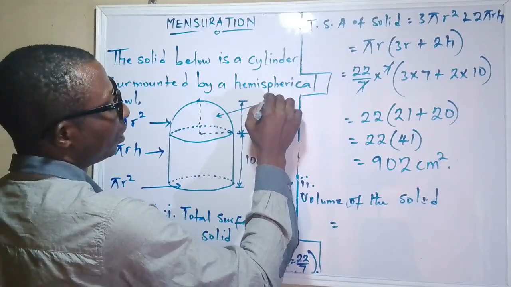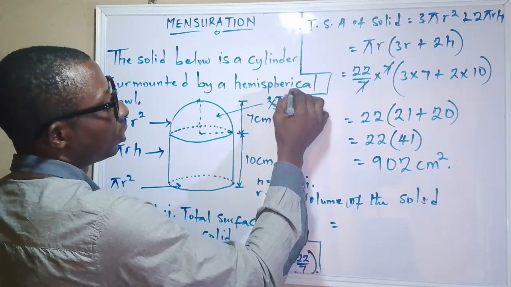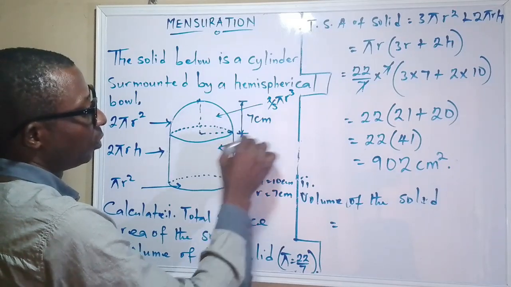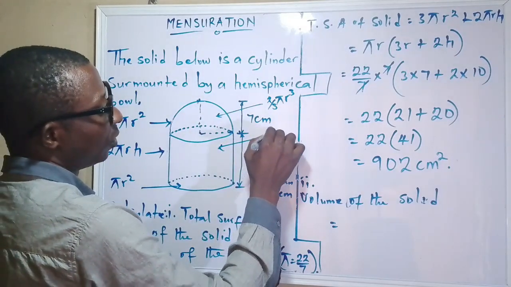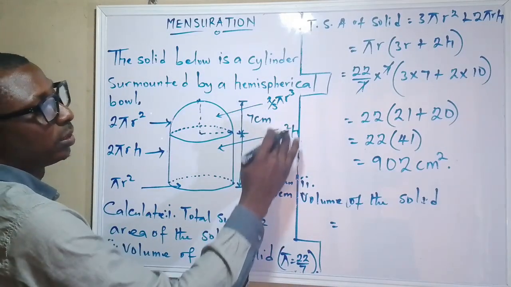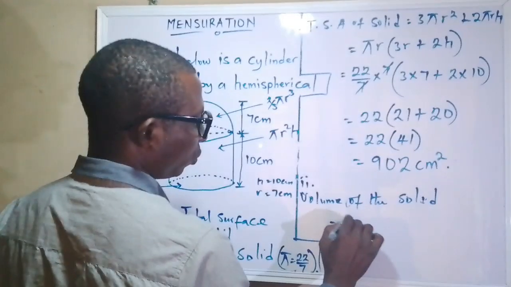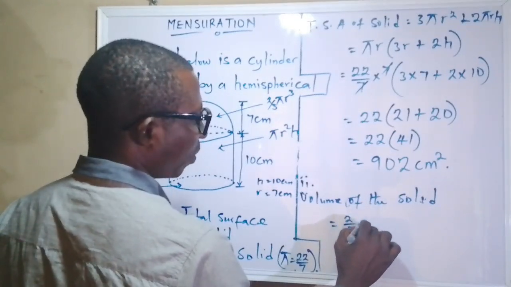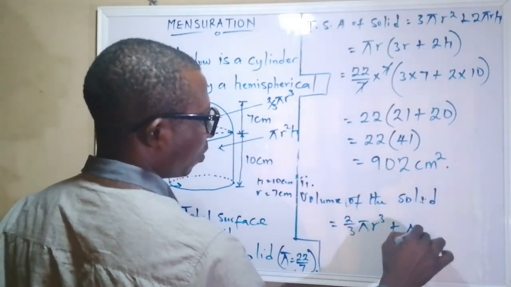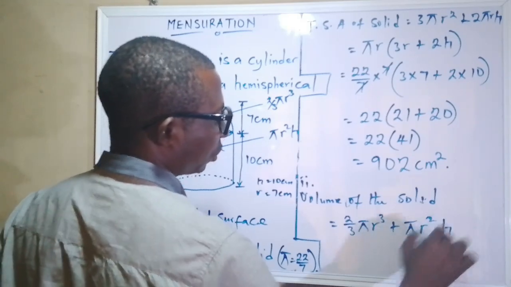That is 2 over 3 pi r cubed. And the volume of a cylinder? That is pi r squared h. So these are the two things we are adding together. The formula now becomes 2 over 3 pi r cubed plus pi r squared h.